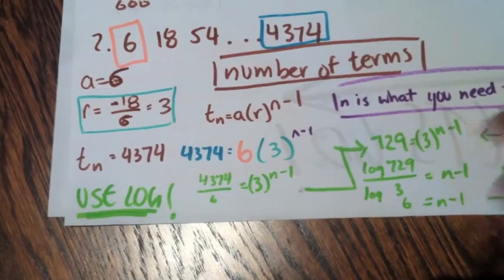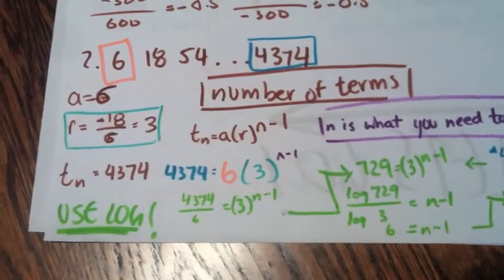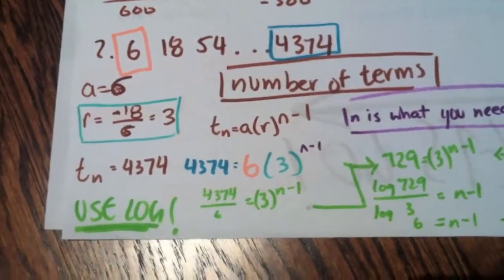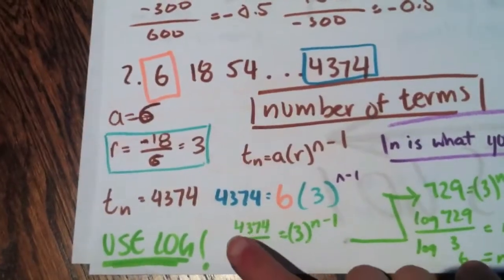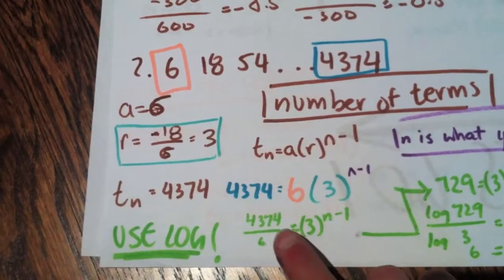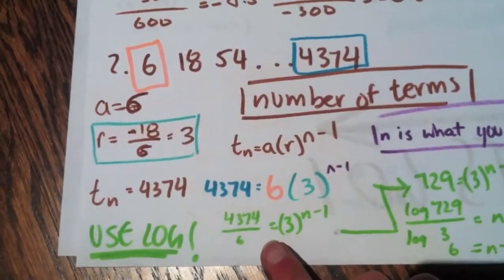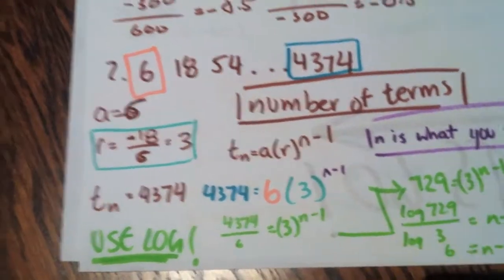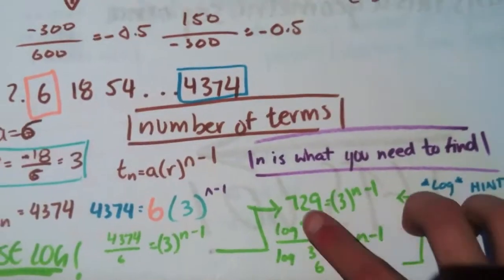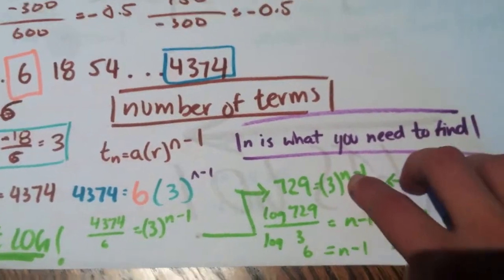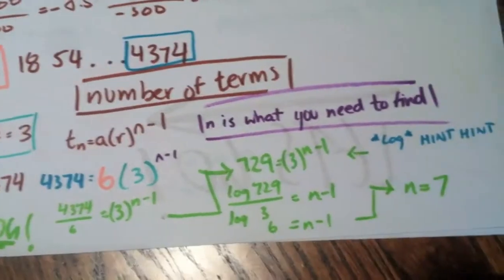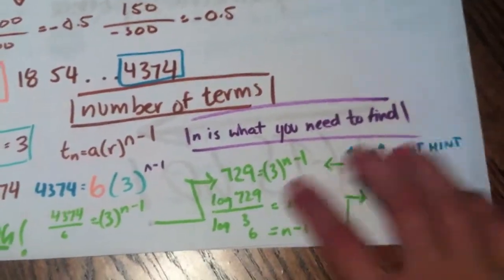The easiest thing to do is to use logs to help you find your answer. So you do 4,374 divided by 6 equals 3^(n minus 1). And then with that you would get 729 equals 3 to the power of n minus 1. And this is where you would use log on both sides.